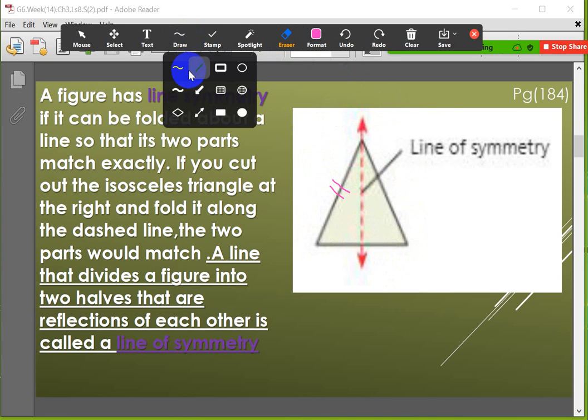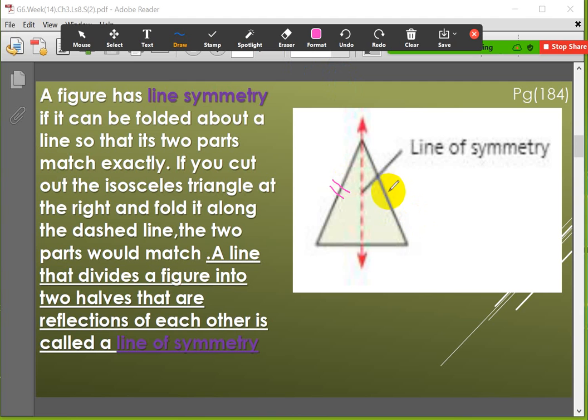If you draw this triangle and bring scissors and cut this triangle according to this dashed line, you will see that both sides are the same.